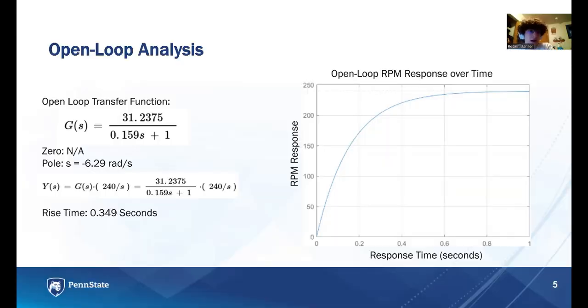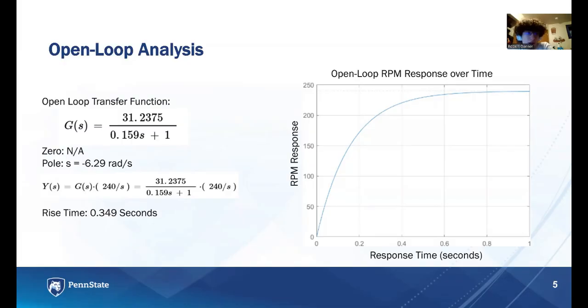Substituting the DC gain and time constant found in Project 1 into the equation, the open loop transfer function was found to be G(s) equals 31.2375 over 0.159s plus 1. Time constant tau equals 0.159, which means it takes 160 milliseconds to reach 63.2% of the steady state value.